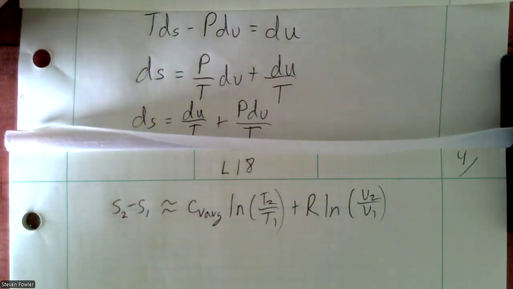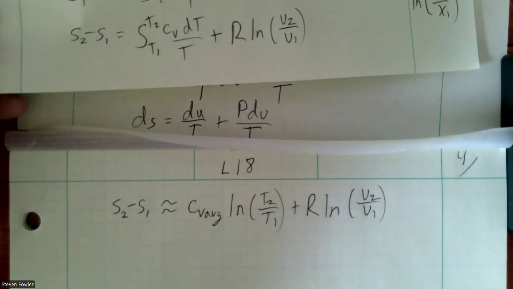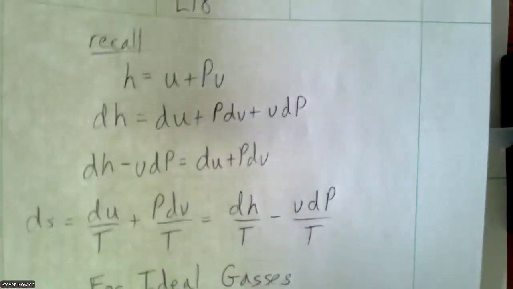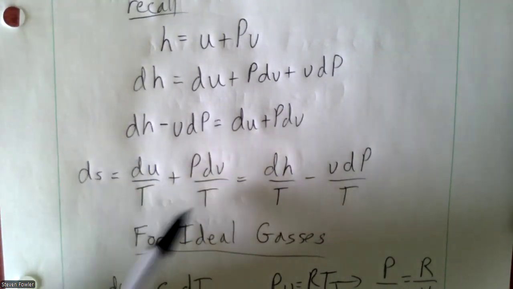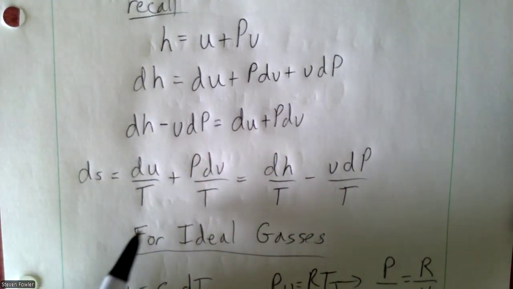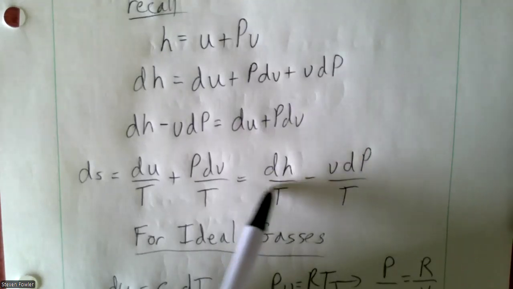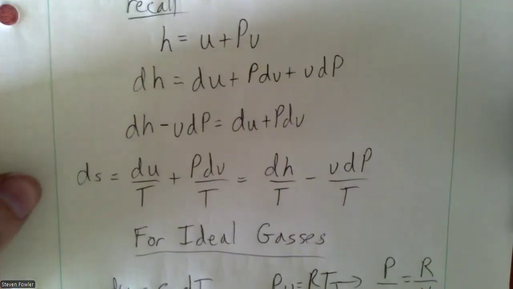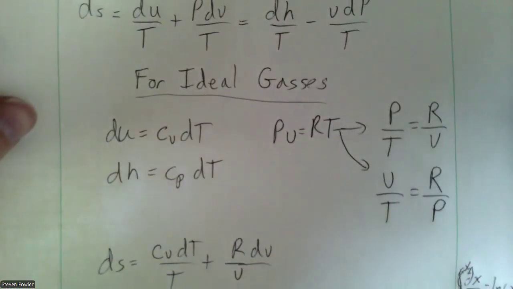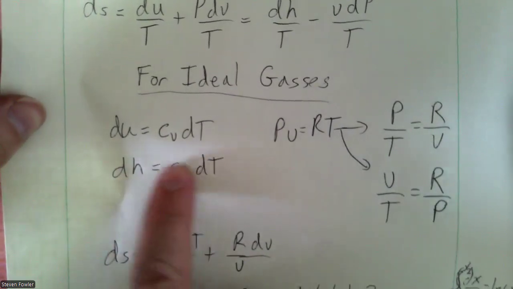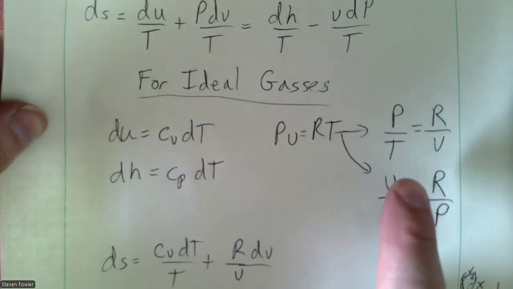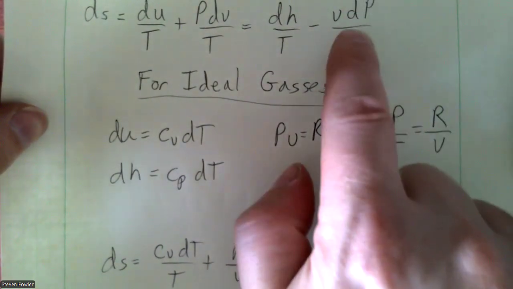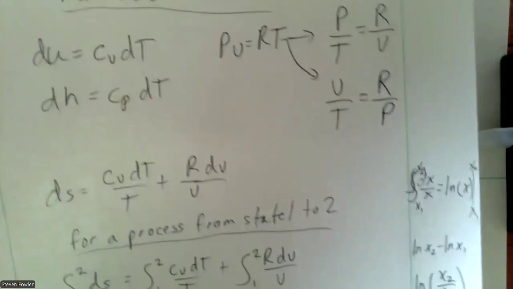Similarly, we could go through the same derivation. Remember, we had this other term up here, right? What we just derived is from this expression for ideal gases. Remember, there's this one that uses dH and V dP over T. So I can employ the same substitution here. Substitute this in, Cp dT here, R over P there, and apply the same logic that we just went through.